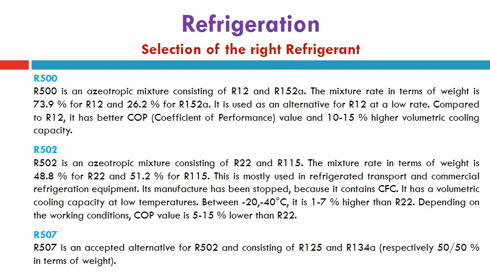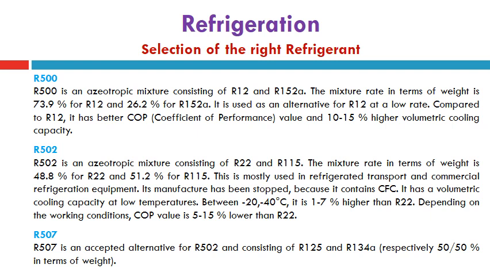However, R500 consists of R12 and R152a with different proportions, 73.8 and 26.2, and R502 is an azeotropic mixture consisting of R22 and R115. The mixture rate in terms of weight is 48.8% of R22 and 51.2% of R115.